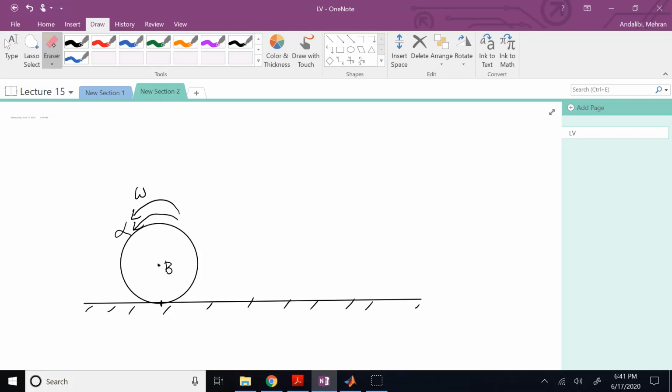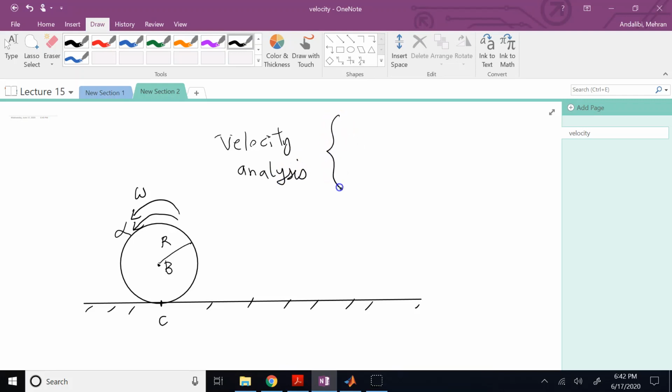Sorry, C, and remember the radius was r. So if you remember, last time we found that velocity of point B, this is what we found in velocity analysis.